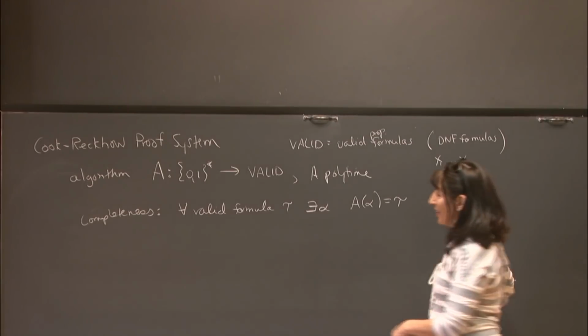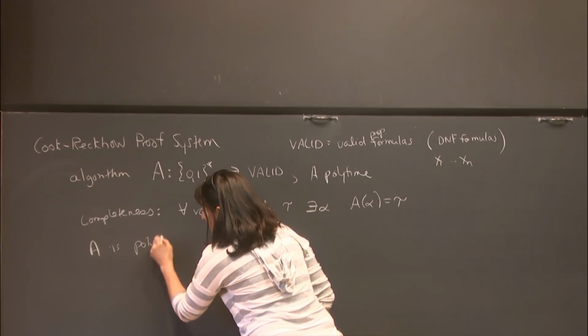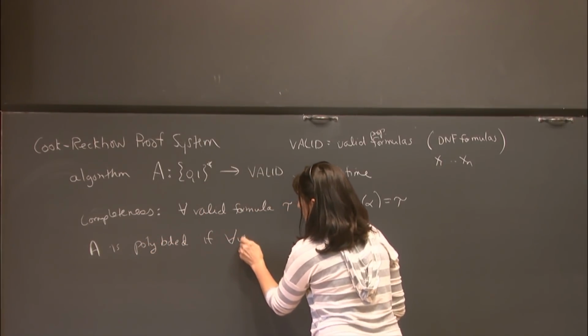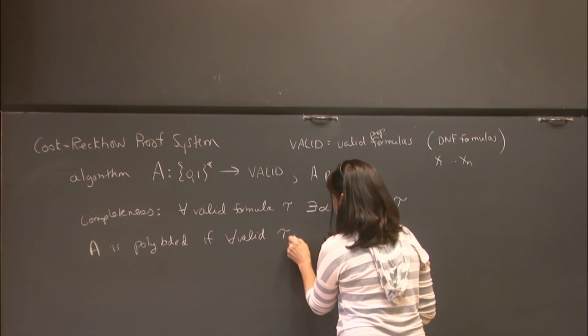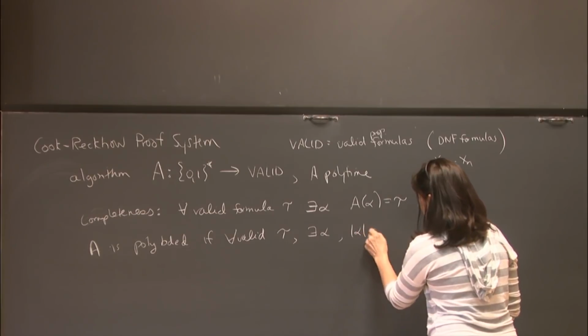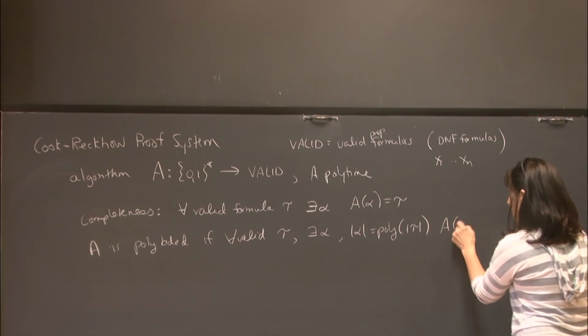Right, good. So A is polynomially bounded if for every valid formula tau there exists an alpha such that the size of alpha is polynomial in the size of tau such that A of alpha equals tau.